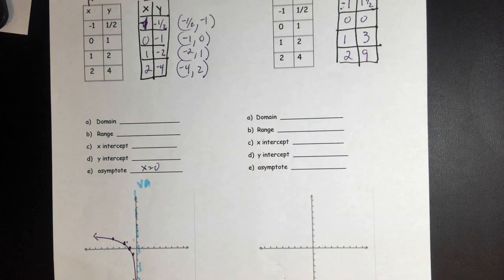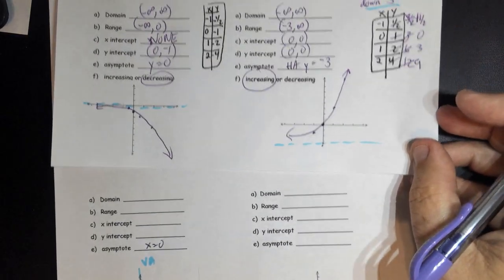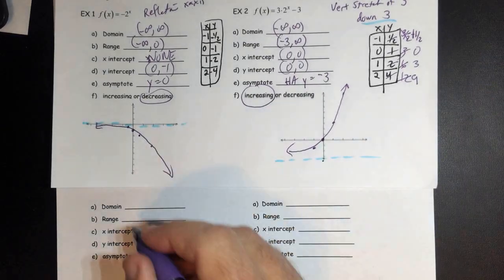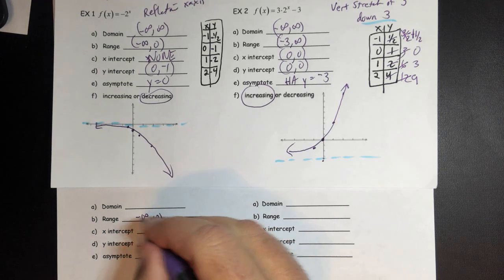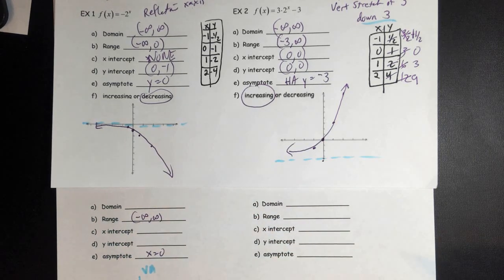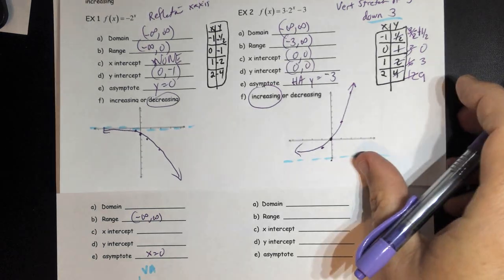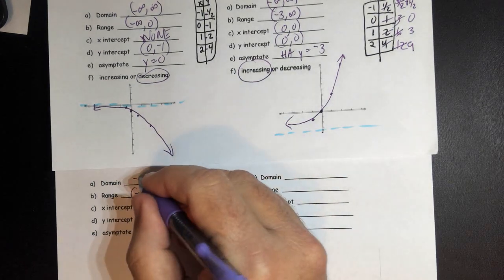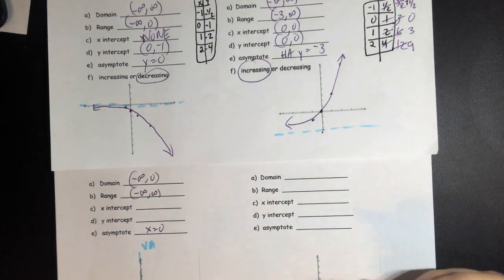Now my domain, remember, if you go back to inverses, our domain and range should flip. If my domain was all real numbers, my range would be all real numbers. My range was -infinity to 0, and now my domain is -infinity to 0.